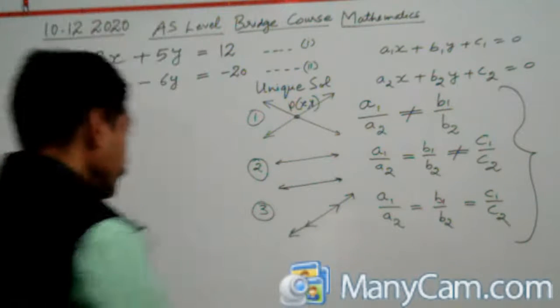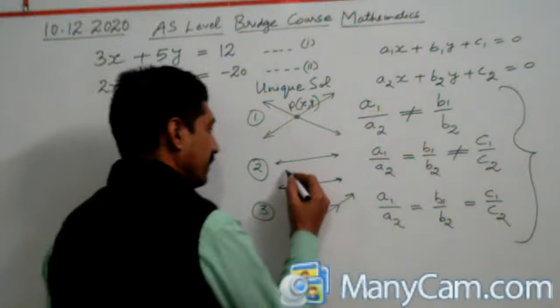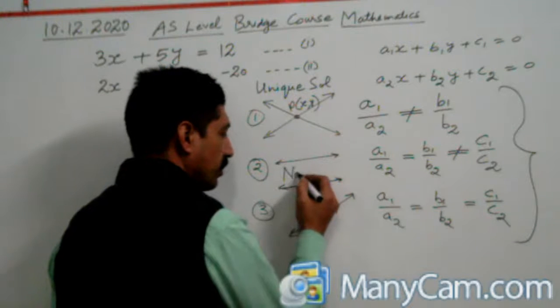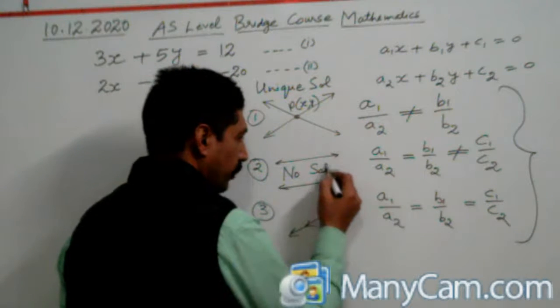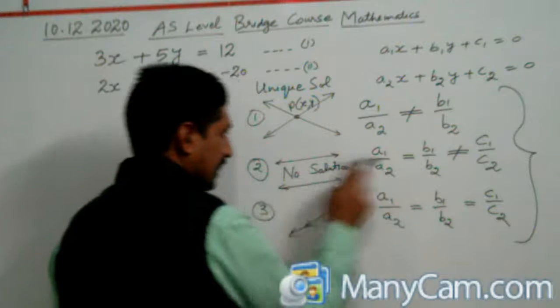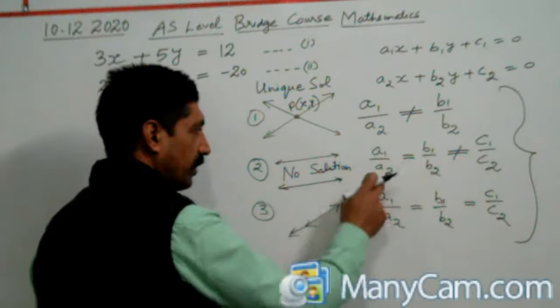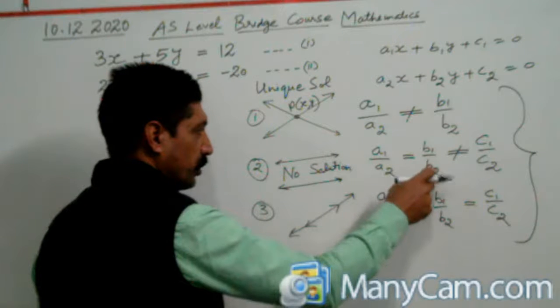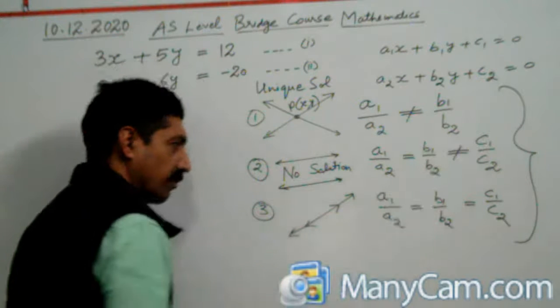So in the second case we have no solution because the lines do not intersect, right? In the second case, when a1 upon a2 is equal to b1 upon b2 is not equal to c1 upon c2.